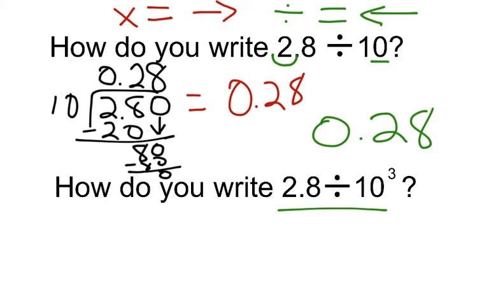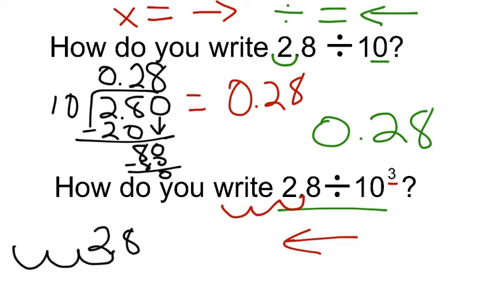Well, I can start, again, to the third power just means 3 zeros. So I can start with my decimal and I can move it 1, 2, 3 places to the left because it's division. So, of course, the same thing happens where I put zeros for my placeholders. So I have 2 and 8/10, 1, 2, 3.